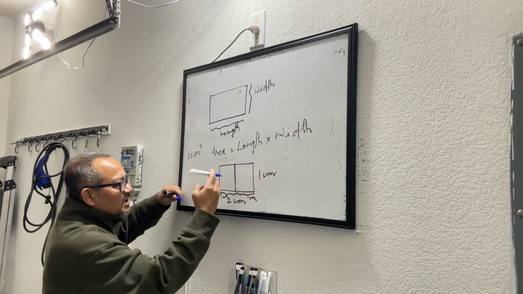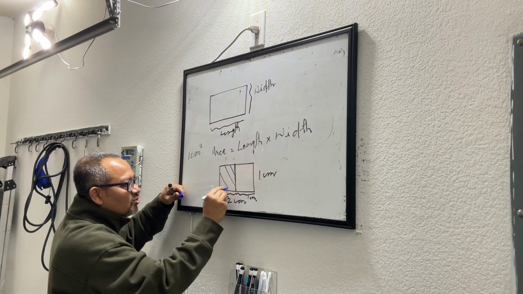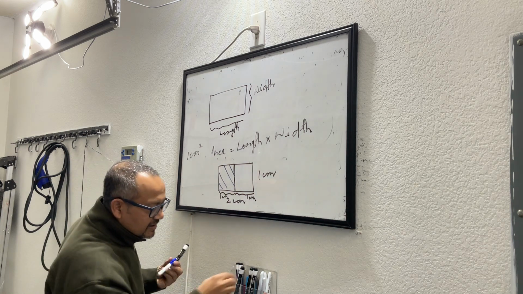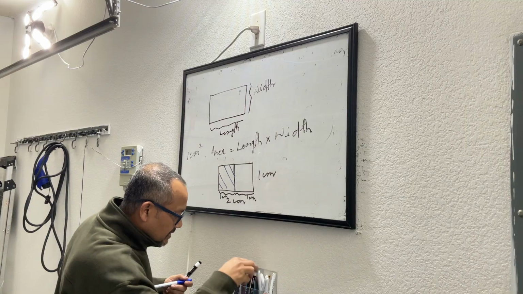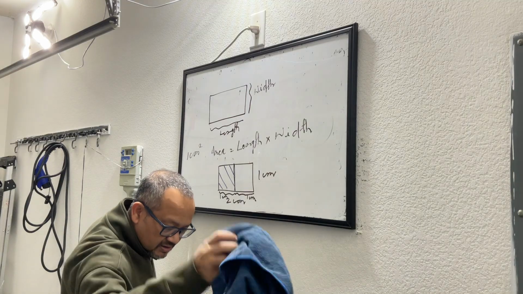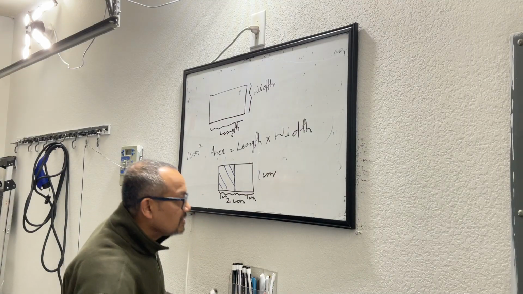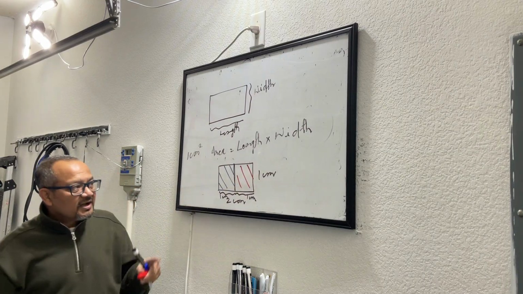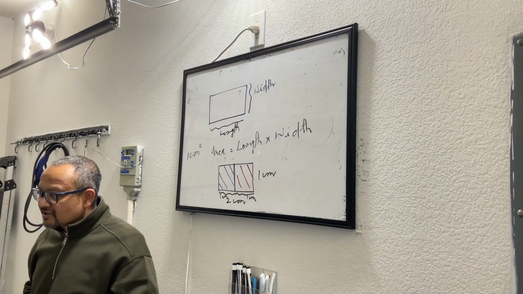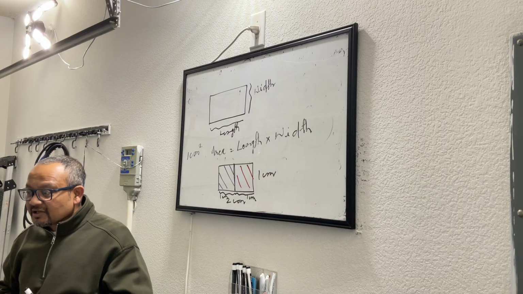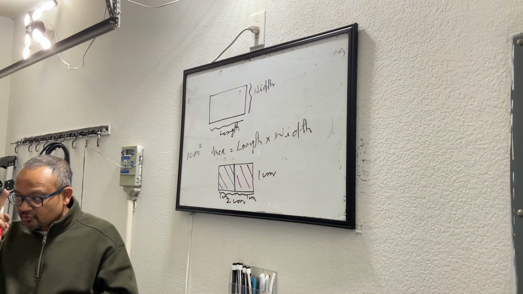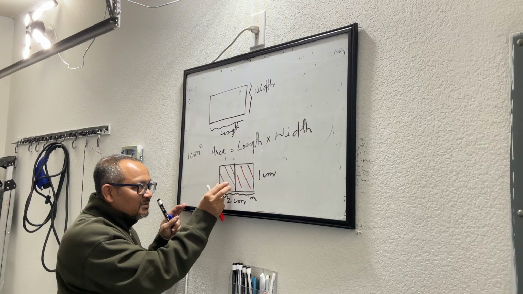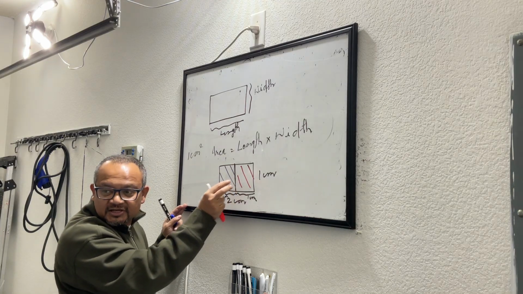One is the blue one, and the other one is the red one. And both are 1 centimeter squares. So how many 1 centimeter squares do I have? I have 2. The blue one is a 1 centimeter square. This one is also a 1 centimeter square.